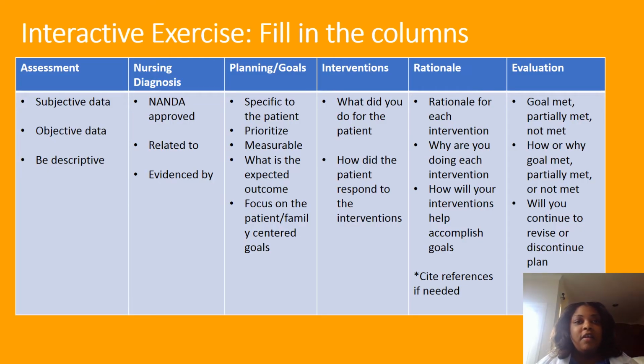Now let's take a look at the interactive lesson or exercise that I have posted on WebEx, and I have asked for students to volunteer to go along and fill in the columns on each component of developing a nursing care plan.